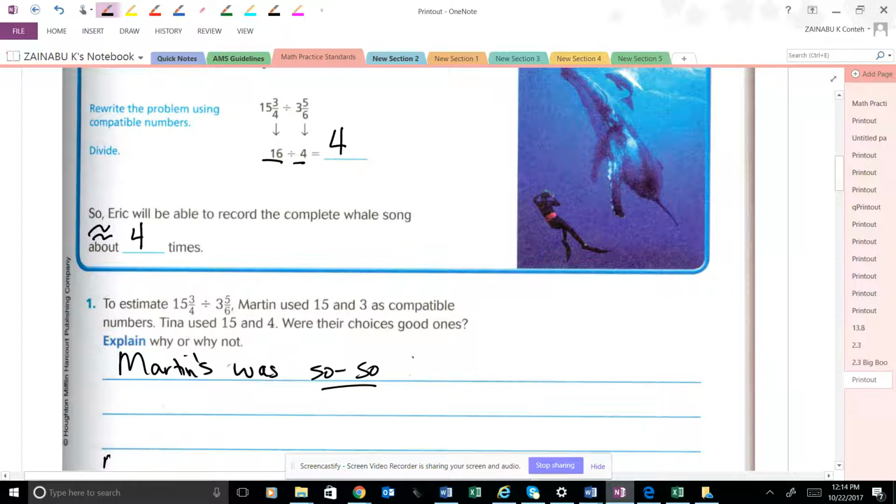And the reason why is because we can divide 3 into 15 evenly. With 15 divided by 4, when we look at it, can 4 go into 15?